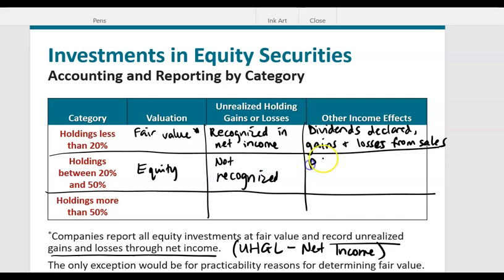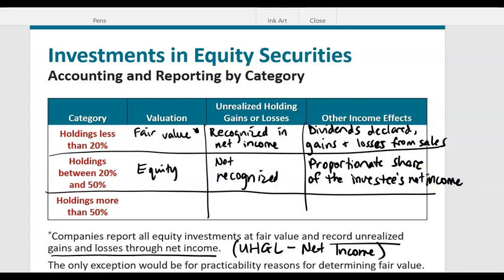A proportionate share of the investee's net income. We'll look at that more closely later on in this video.